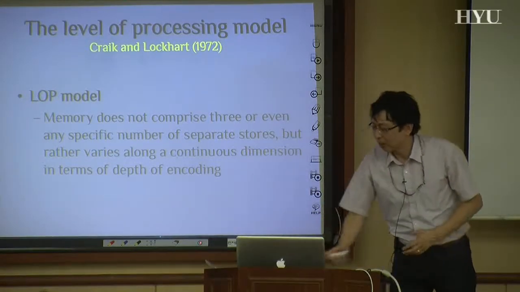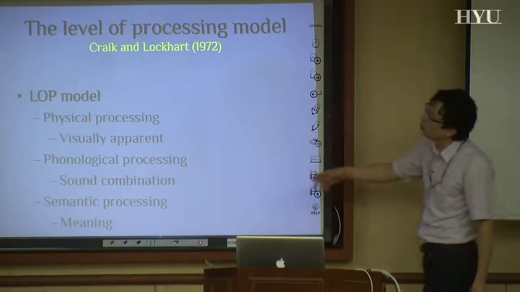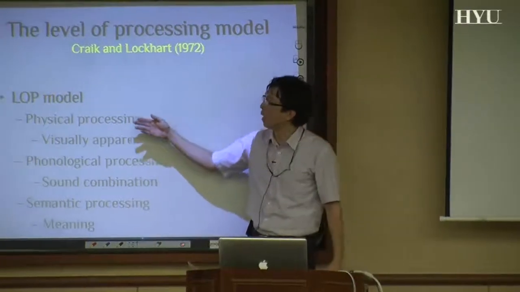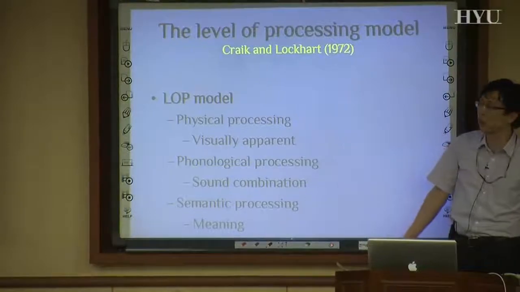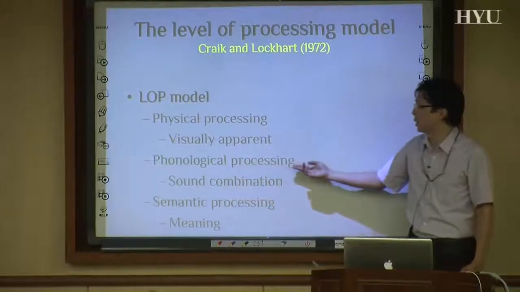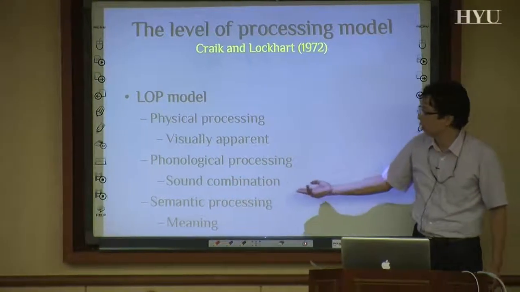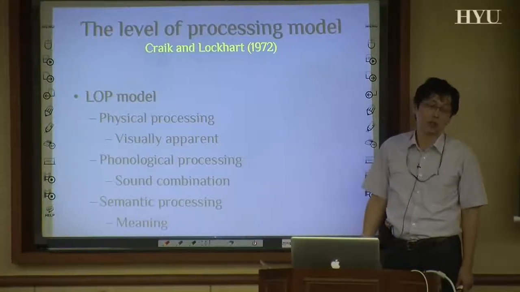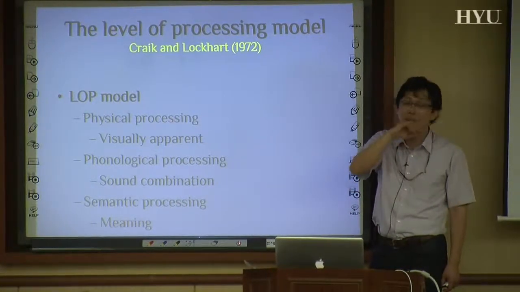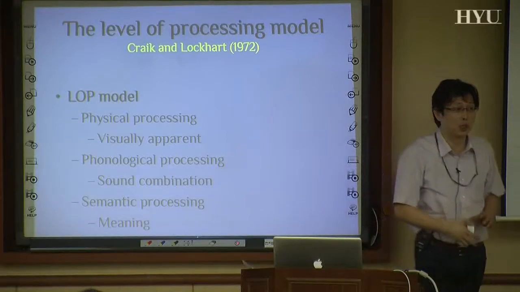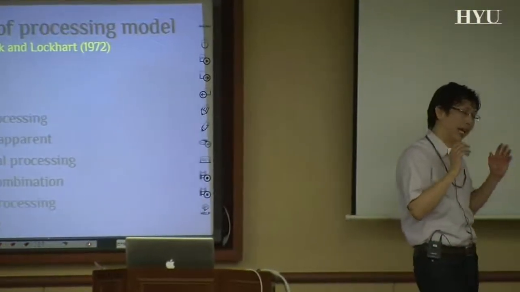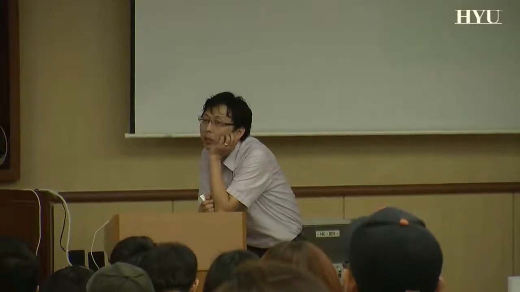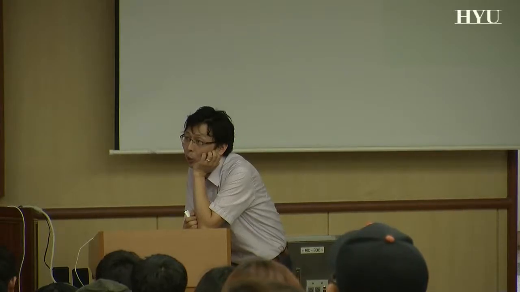And then Craik said, probably we have physical processing, phonological processing like language, or semantic processing. That is what he proposed in 1972. So Atkinson and Shiffrin's model separates memory into 3, but they didn't like that approach and proposed the LOP model.